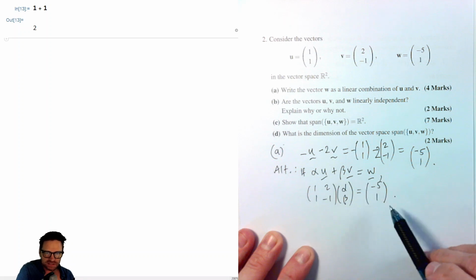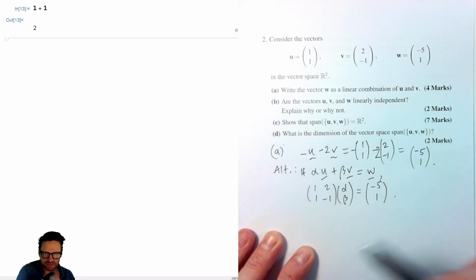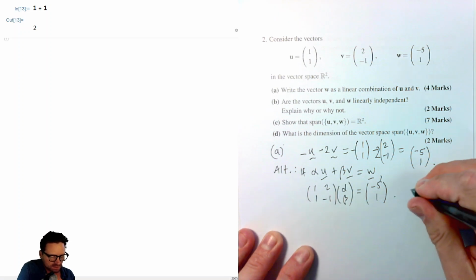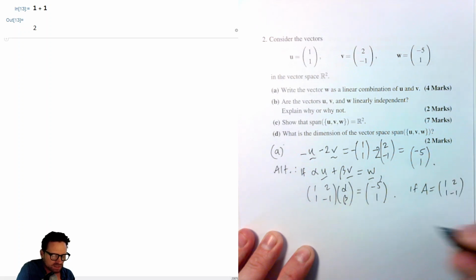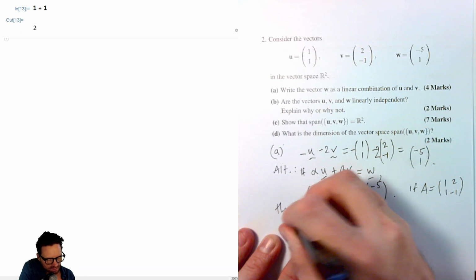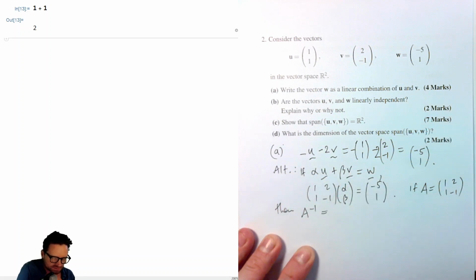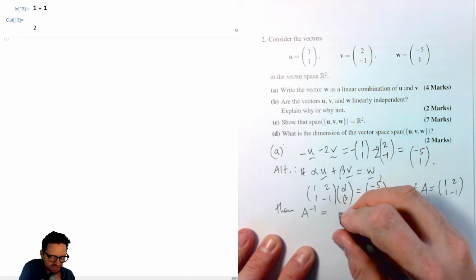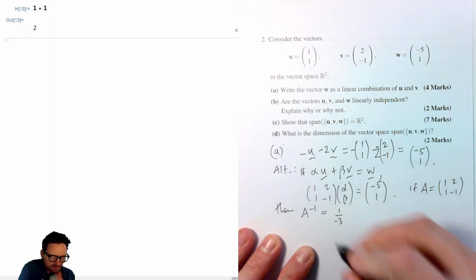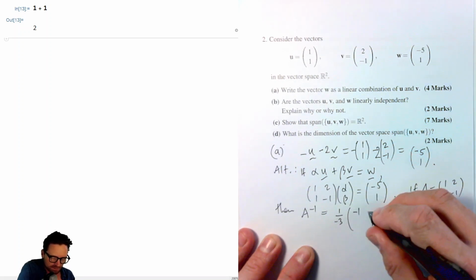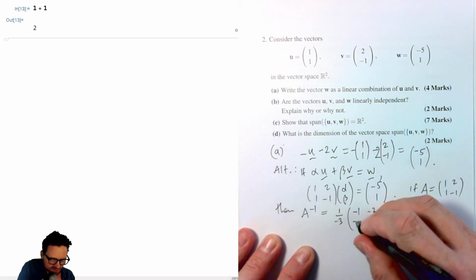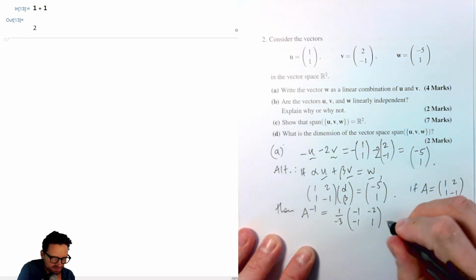And then solve this system for alpha and beta either by row reduction or taking the inverse of this matrix. Let's take the inverse of the matrix. So if A is equal to 1, 2, 1, minus 1, then A inverse is equal to 1 on the determinant. So we've got determinant minus 3. And then we swap these diagonal elements and put minus signs on the off diagonal elements. And this is our inverse.